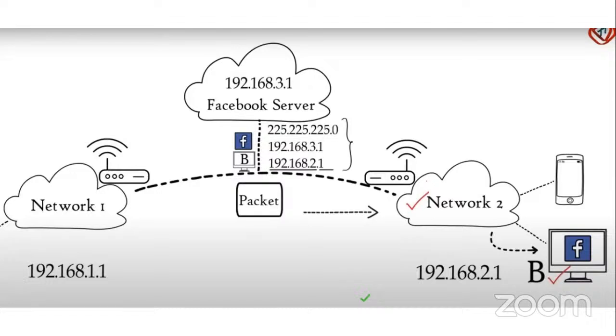Whenever system B requests the Facebook web page, that request will reach the Facebook server, and the Facebook server will add its IP address, that is the source.